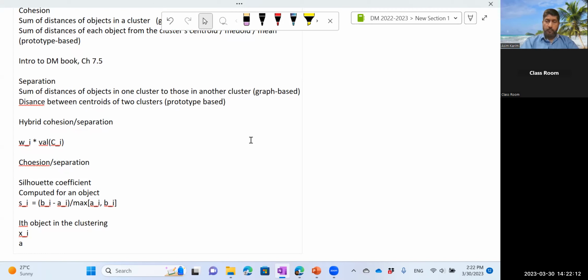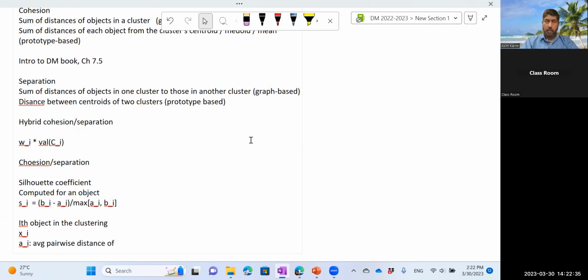So what is Ai? Ai is basically the average pairwise distance. I'm using distance here.